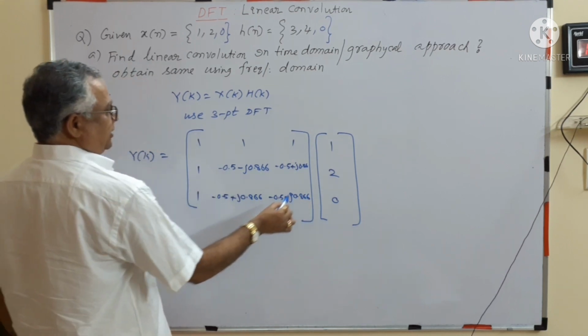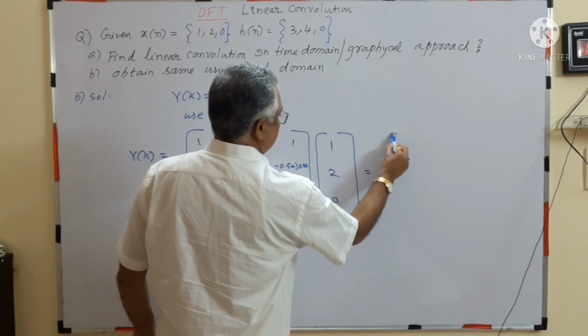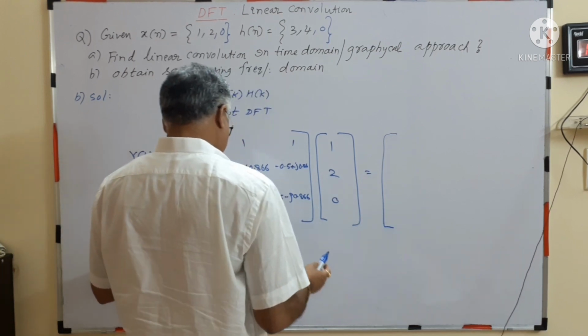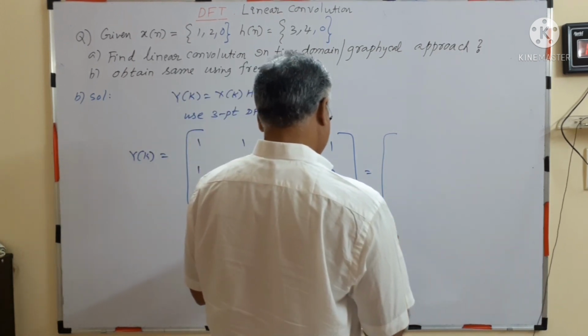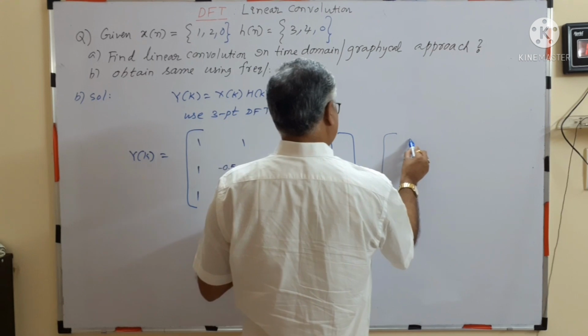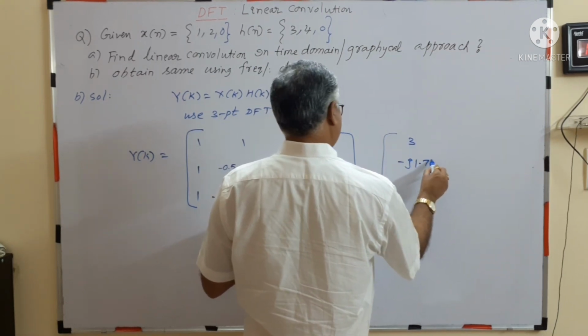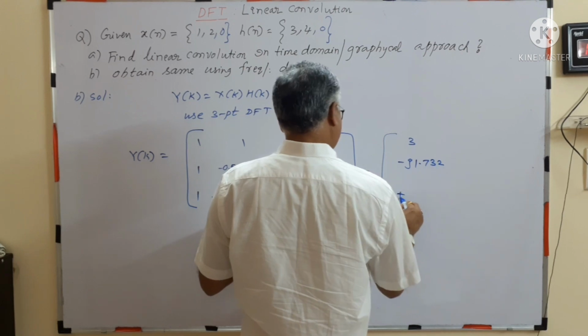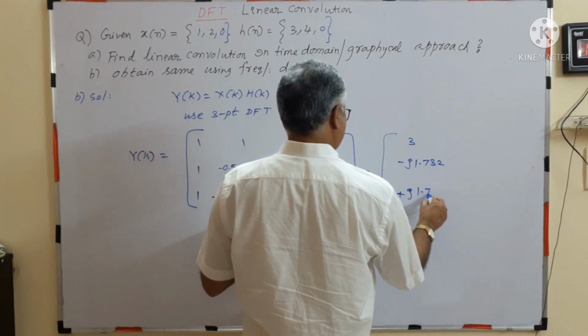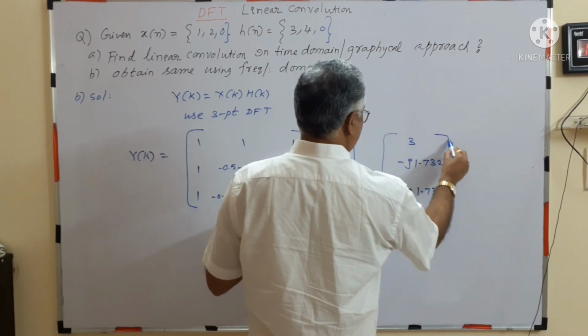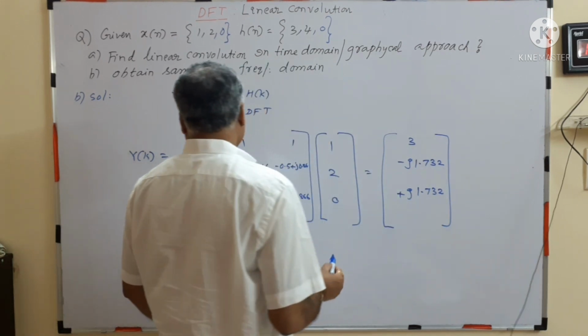This is a 3 by 3 matrix, multiply with this. Answer is 3. So this is x of k.